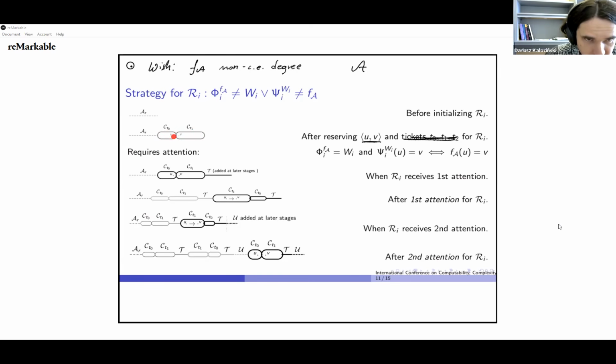Okay, and we put U at the end of the cycle, and V at the beginning of this T1 cycle. So at this point, we know that these are separate cycles. So we know that FA is not equal to.